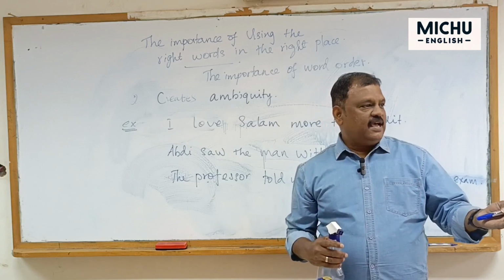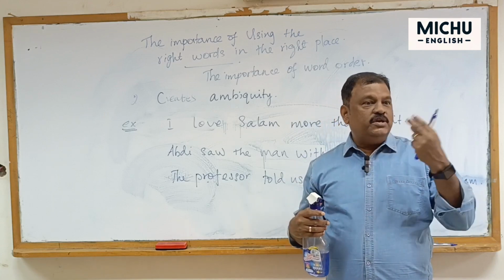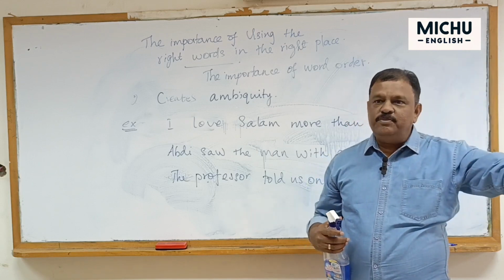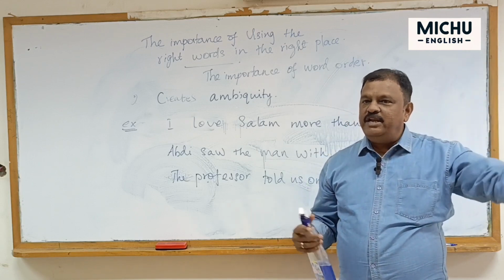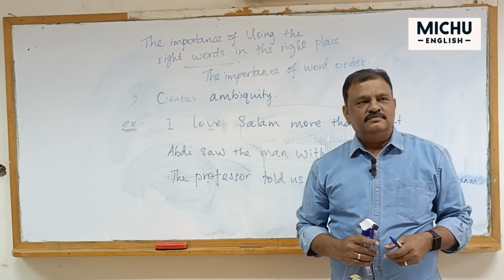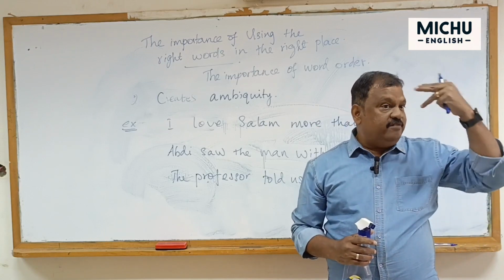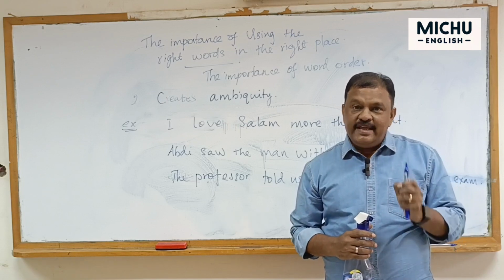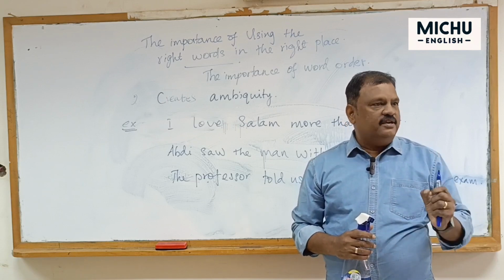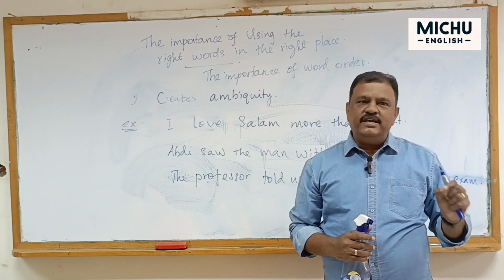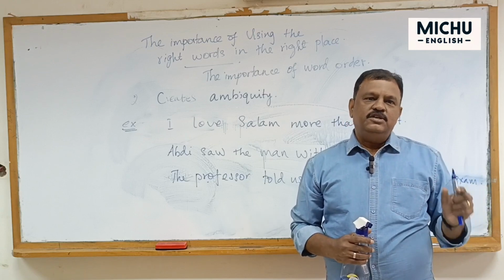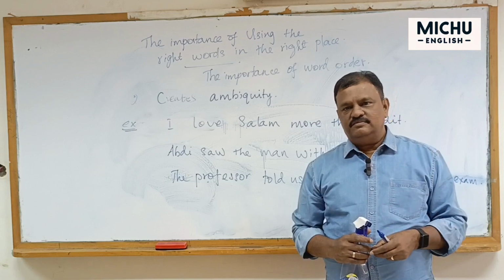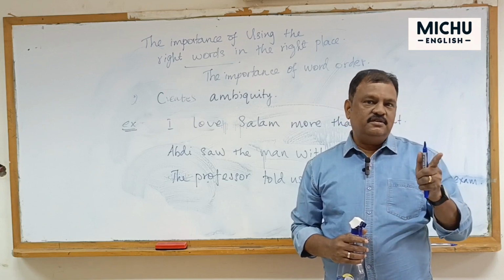Ambiguity means not only two meanings, it means more than one meaning. So it can also mean three different meanings. Sometimes some sentences will mean even other meanings. So take care when you write something in English, write it clearly and properly so that your reader will understand exactly what you want them to understand. I believe you understand, right?